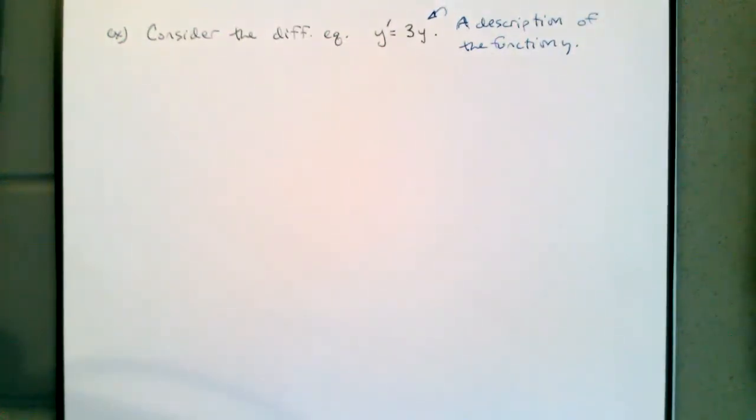Let's pretend that we don't know that the solution is some constant times e to the 3x. We're going to play pretend here.